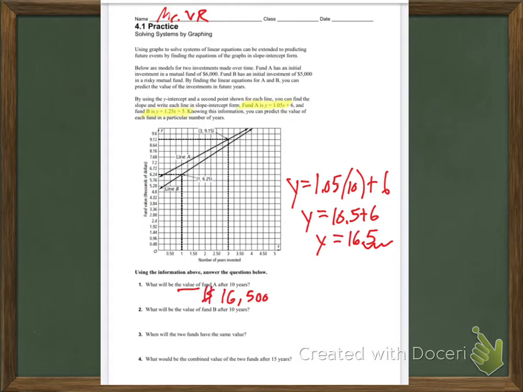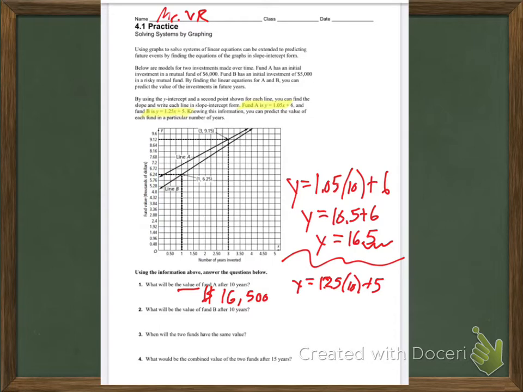So let's do the same thing with B. After 10 years, that's going to be y is equal to 1.25 times 10 plus 5. And then we're just going to multiply that.